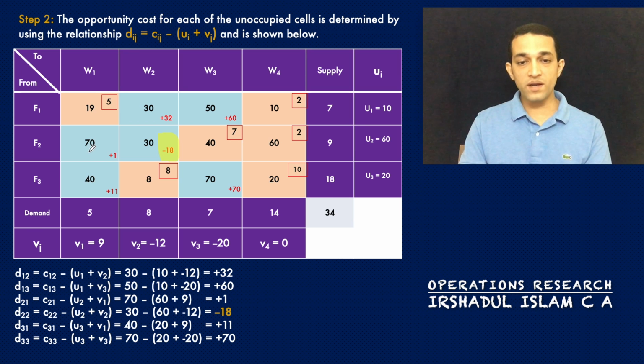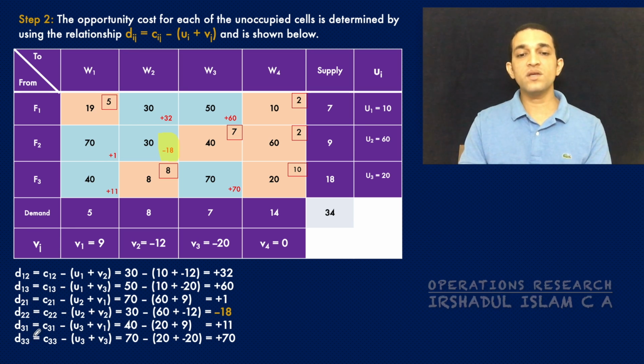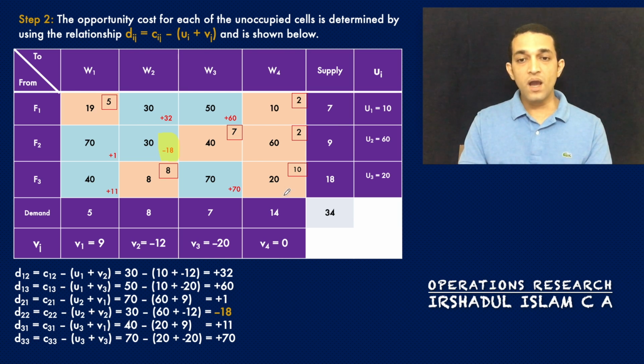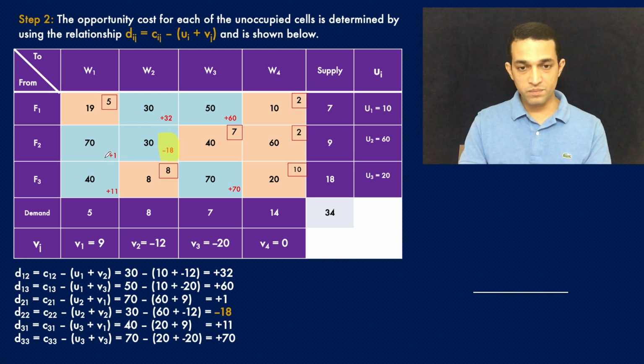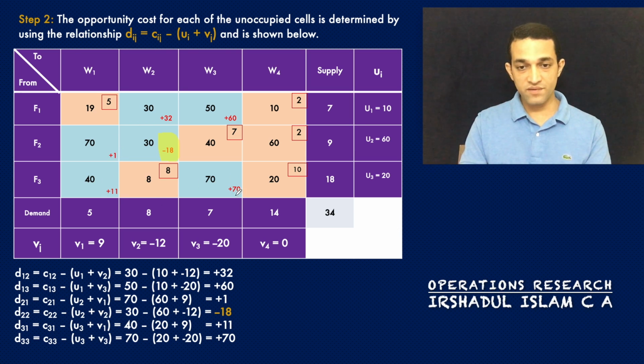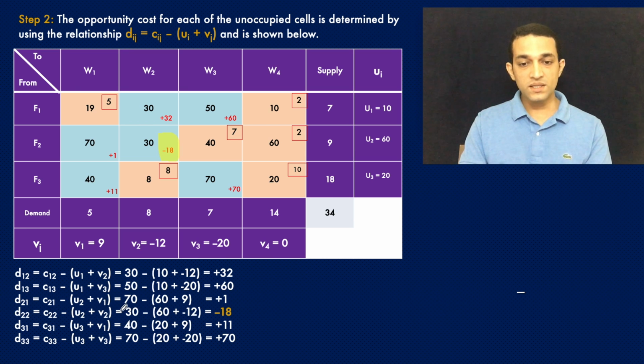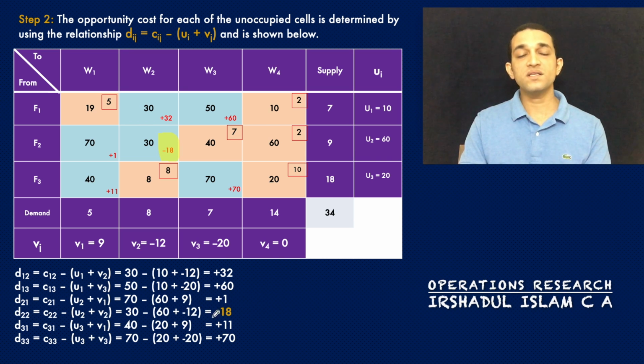Similarly d21, d22, d31, d33 you can easily calculate. Of all these values, we obtained plus 1, plus 11, plus 70. Here in this case d22, c22 minus (u2 plus v2), that's 30 minus (60 plus minus 12), this is 48. 30 minus 48 equal to minus 18.